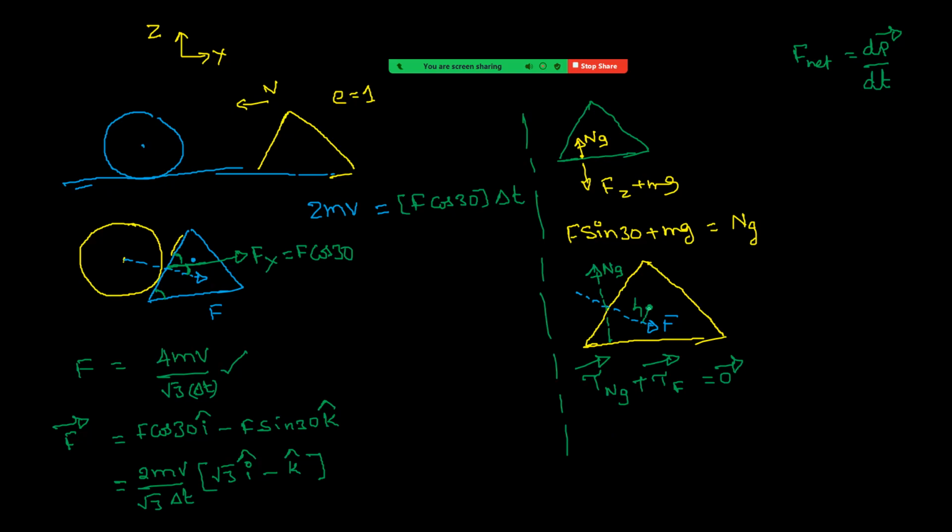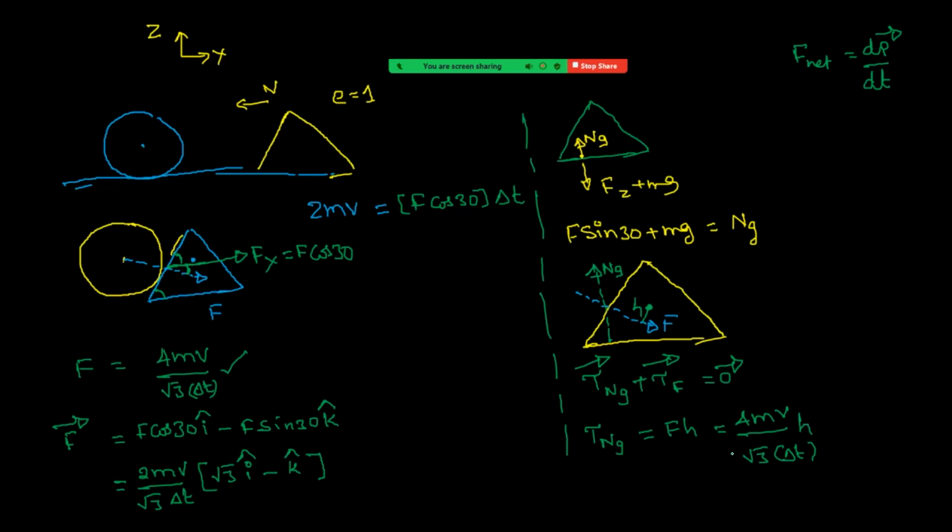This is by applied force about center of mass anti-clockwise, then by this it must be clockwise. So torque due to normal reaction from ground is equal to F into H. And we know what F is: 4 mv by root 3 delta t. So substitute here 4 mv upon root 3 delta t into H.